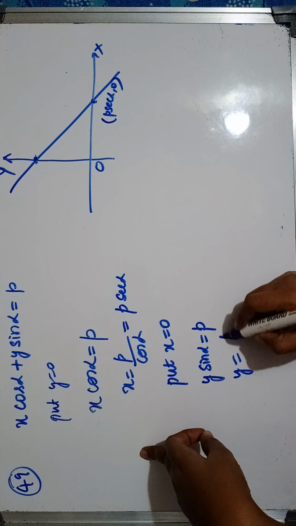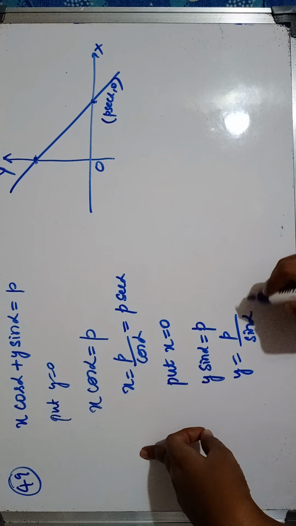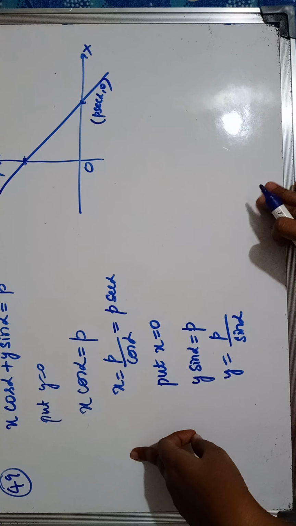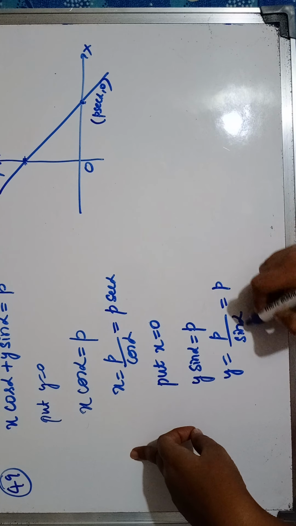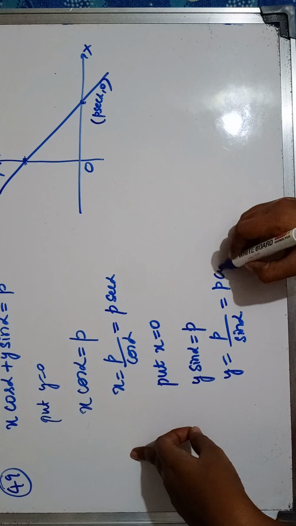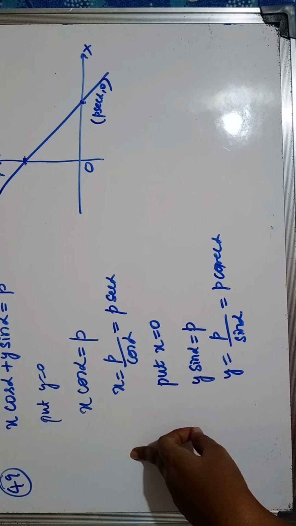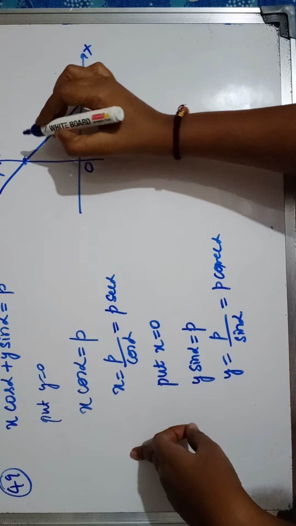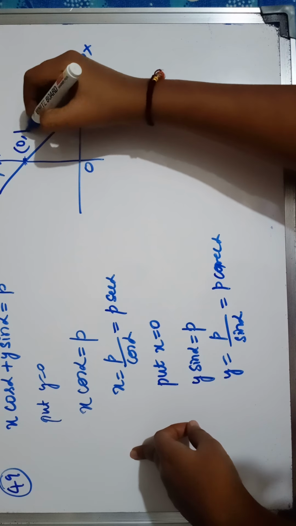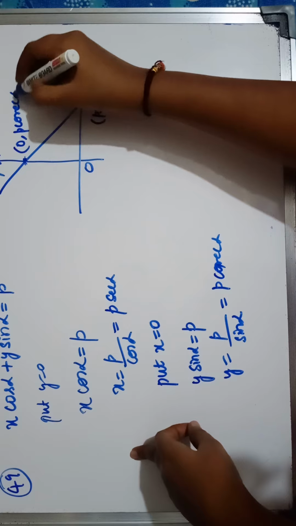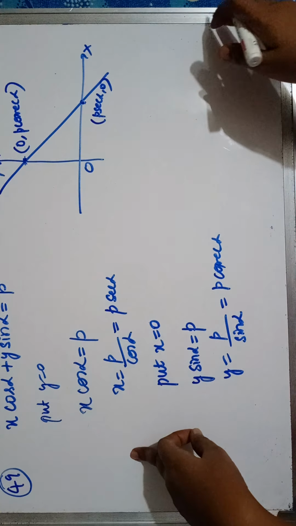Therefore y is equal to p by sin alpha, and p into 1 by sin alpha is cosecant alpha. So p cosecant alpha. Therefore the coordinates of this point are 0 comma p cosecant alpha.